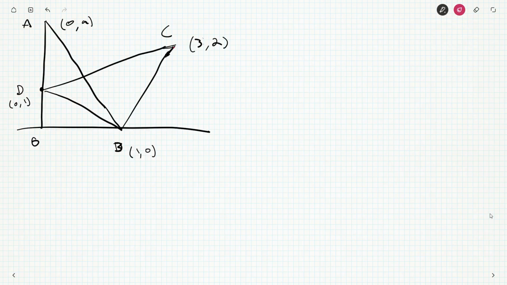I think if I drop this line here, and call this, I don't know, E. ODCE is a trapezoid. I can get its area. I can get the area of BCE because it's right angled, and I know the height, and I can get the area of BOD because it's right angled. It's question 6, so I don't want to really look for a particularly elegant way to do it. So I'm going to say, let E be at 3, 0.